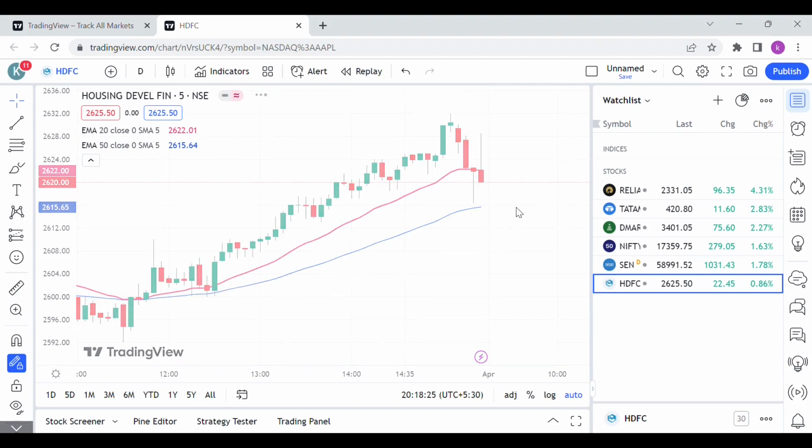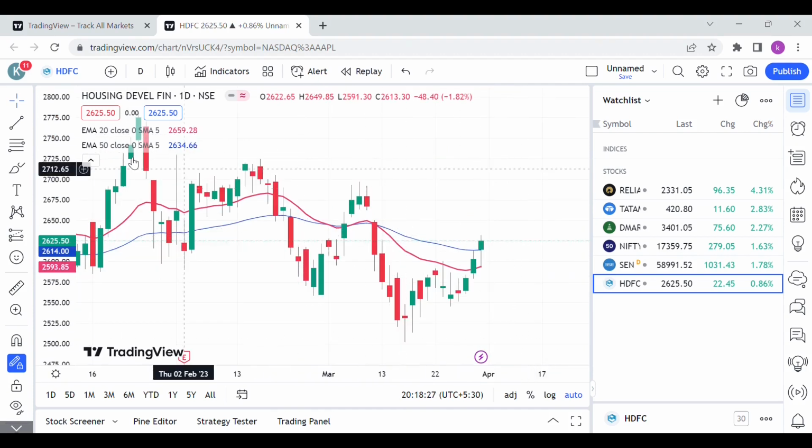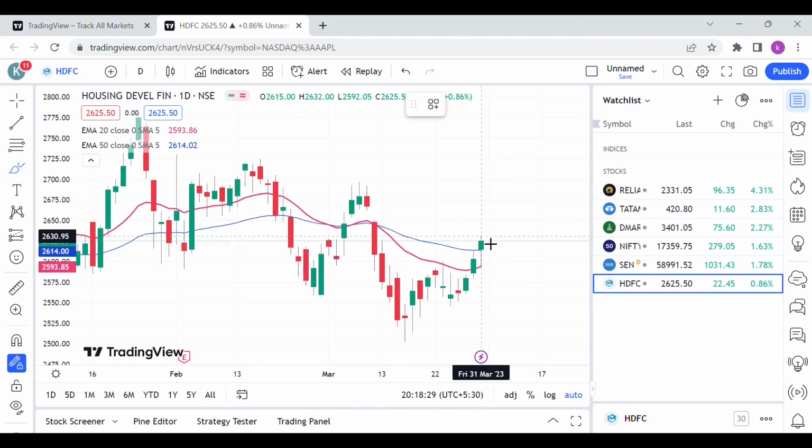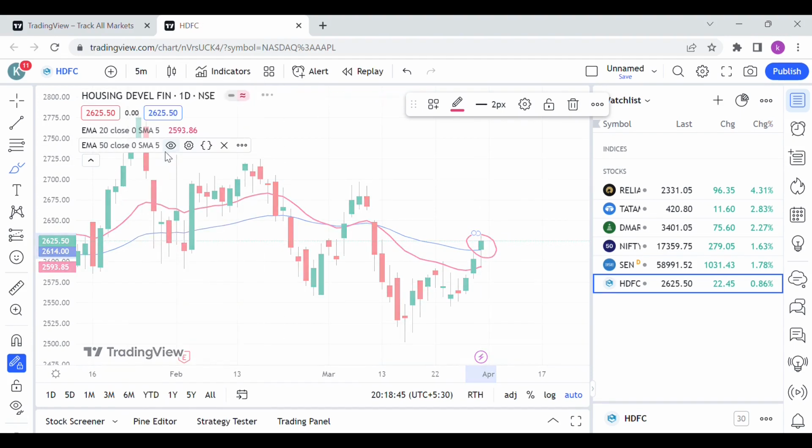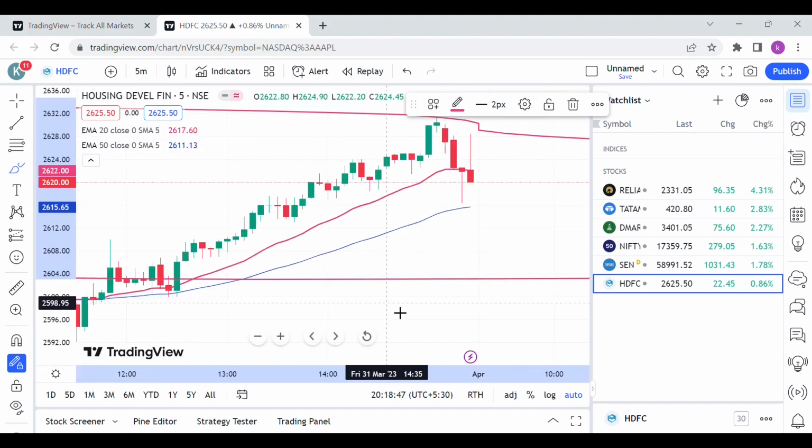If I press 1 day, this particular candle gives you the whole trading activity of that particular day, which is Friday. If I click on this candle, see, Friday 31st March. It's very hard to do trading on the 1 day candle, because in 1 day only one candle will be formed. That is the reason I'm clicking on 5 minutes candle.